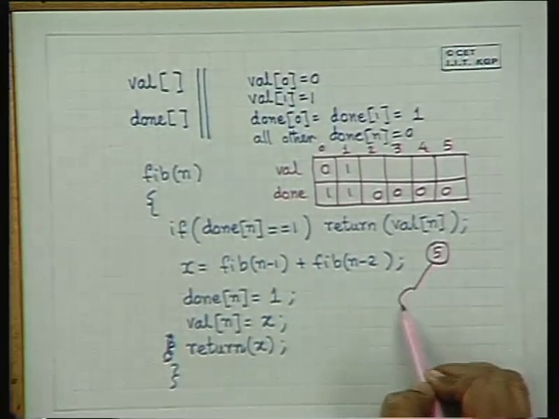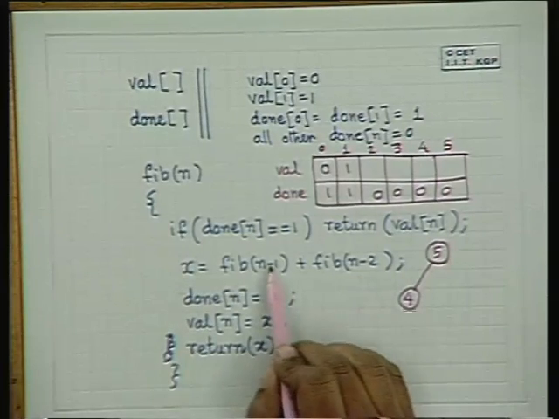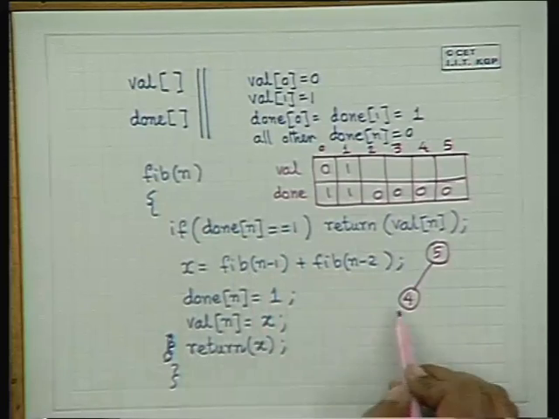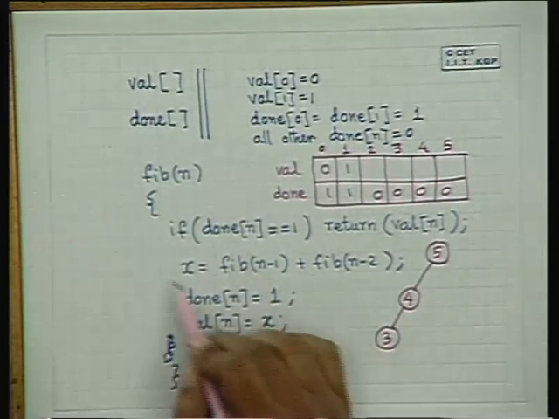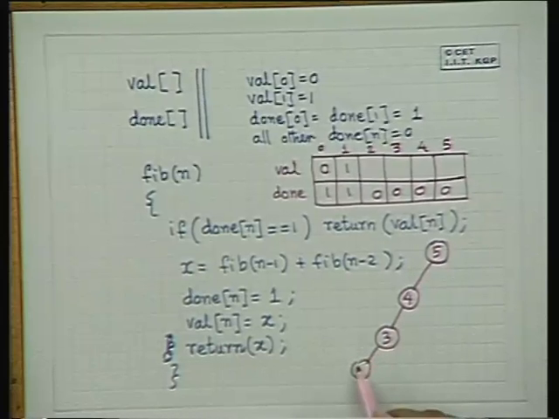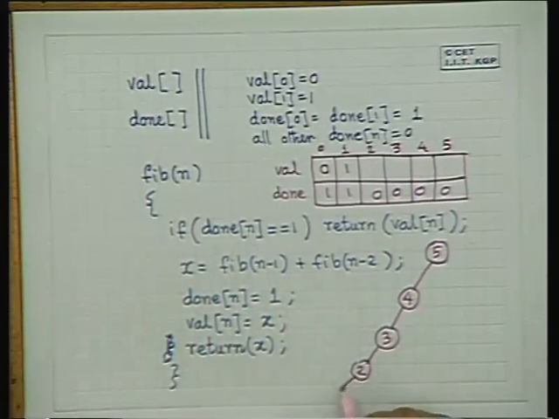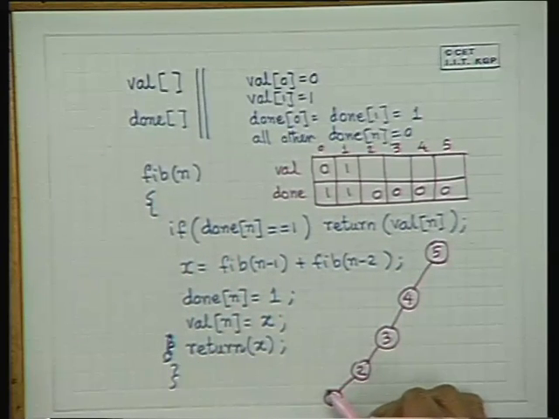So you will call 4, and after you come back from 4, you will call 3. So you will come to 4. Done is true? No. You will call 3. Then 3 you will call 2, and 2 you will call 1. When you come to 1, done is true, so you will return val, here 1.